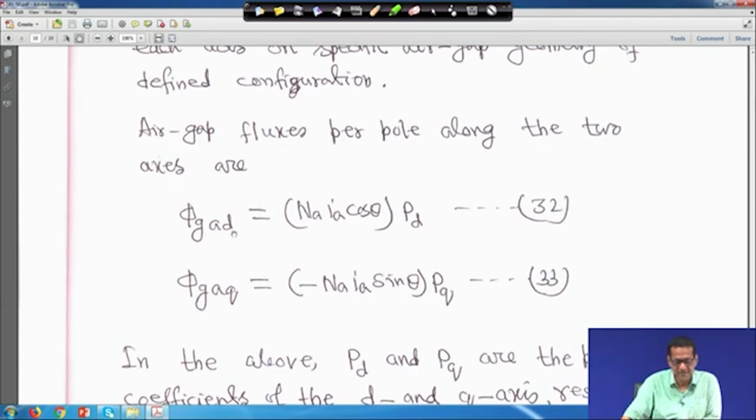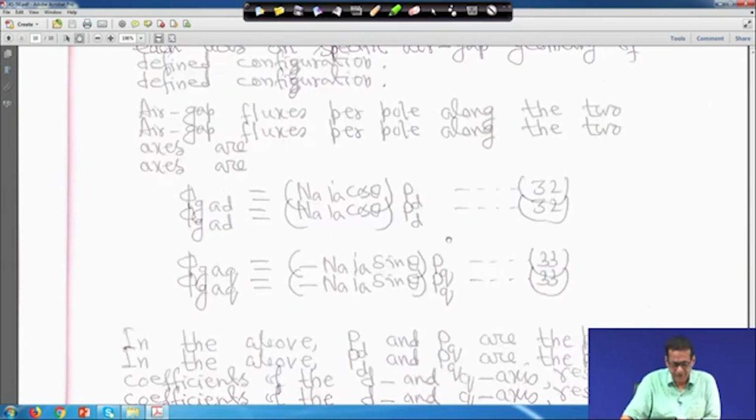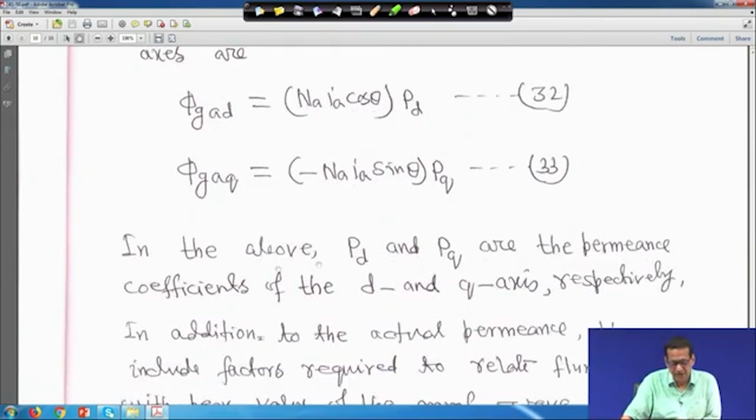So the air gap flux phi_gAD on the D axis will be N_A I_A cos theta into P_D. P_D and P_Q are the permeance coefficients of the D axis and Q axis respectively, because in general flux is equal to ampere turns into permeance, as we saw when brushing up our memory of coupled circuits. Similarly phi_gAQ is minus N_A I_A sin theta into P_Q. These are equations 32 and 33.